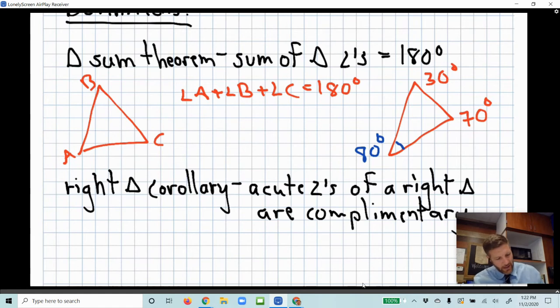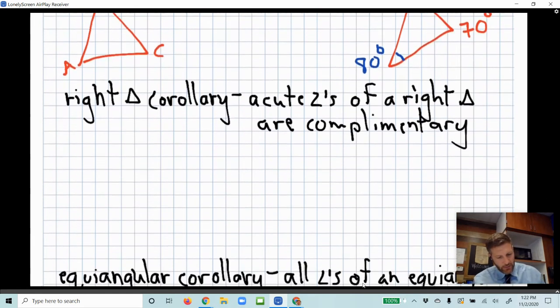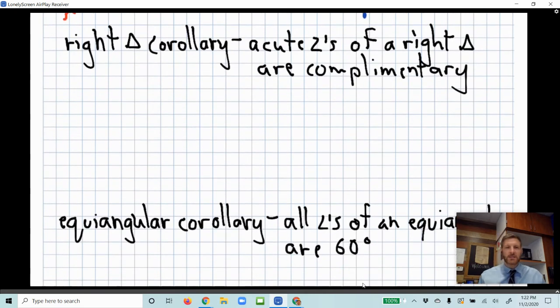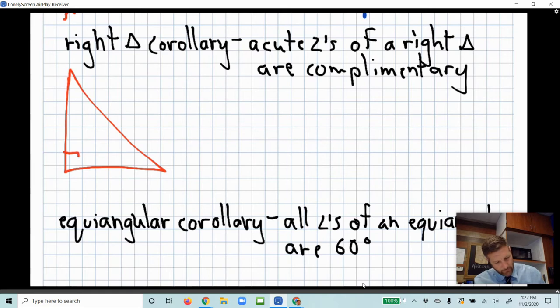Let's move on from that, because the next two are actually based upon that idea. If all the angles within a triangle add up to 180 degrees, then we have what's called the right triangle corollary, which means that the acute angles of a right triangle must be complementary. What does that mean? If I draw a right triangle, I know the three angles add up to 180 degrees.